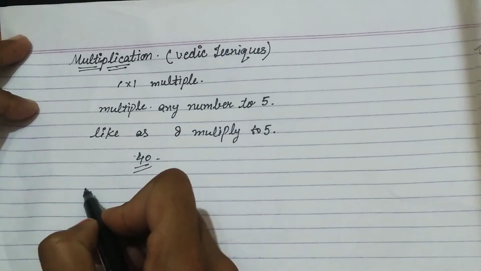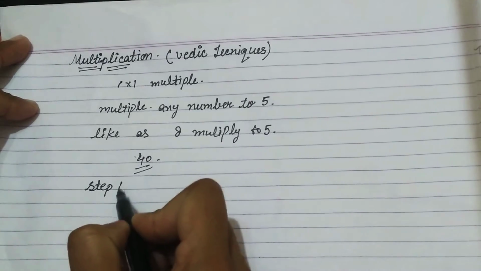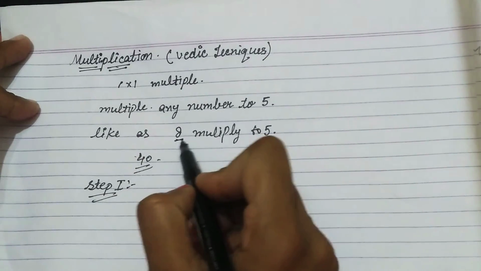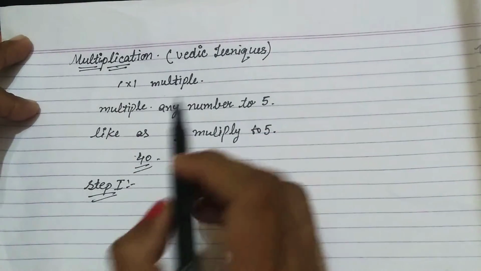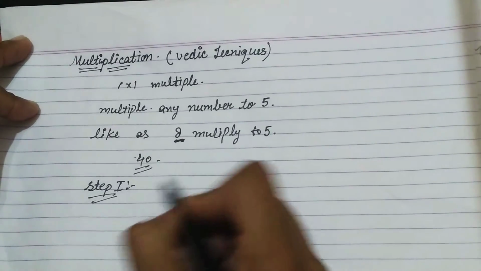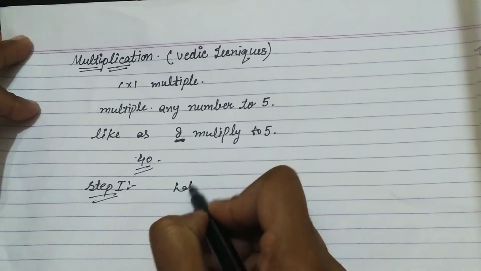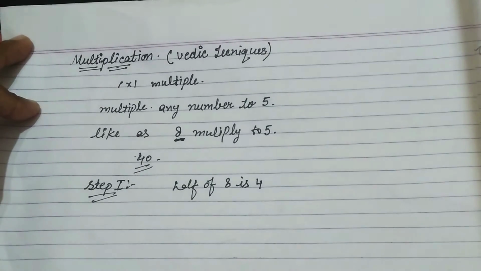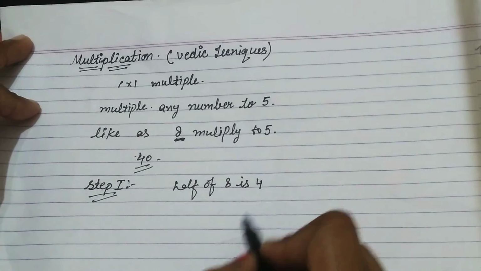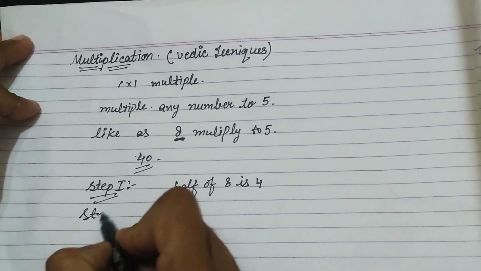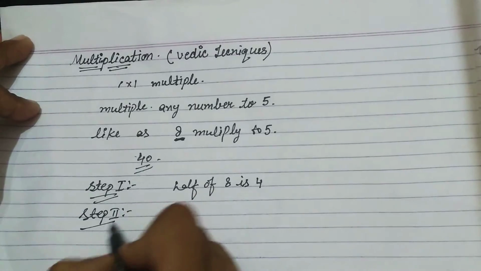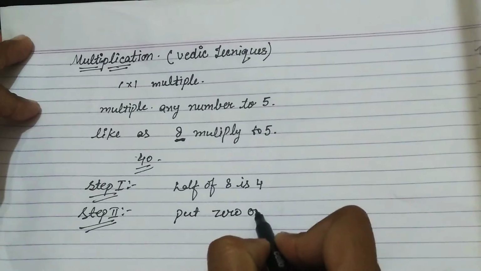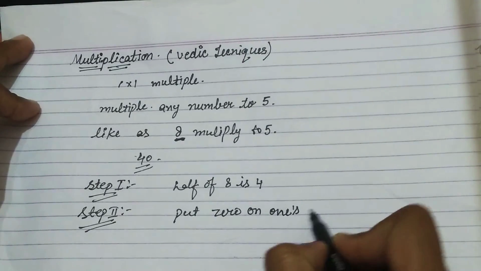So step 1: we take half of this number. Half of 8 is 4. And then step 2, put 0 on the ones place.